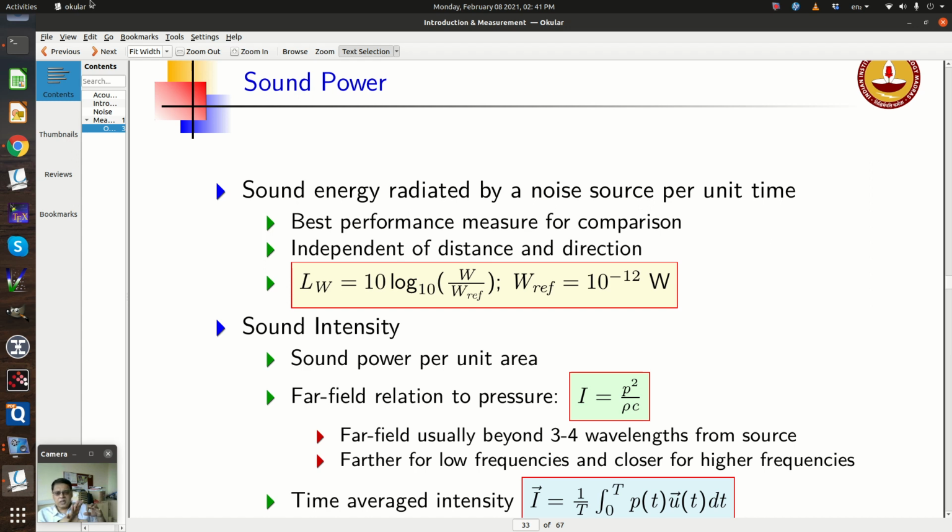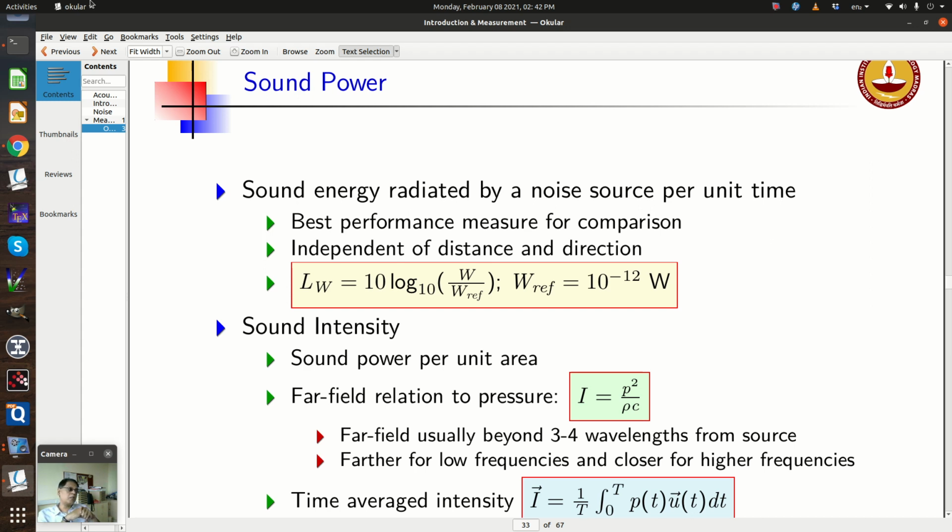So don't be carried away. Very often you will see speakers being rated as 1000 watts PMPO, 500 watts PMPO. This is not the acoustic power rating, because 500 watts would blow you away. You and I would be blasted into pieces at 500 watts, if you are alive.